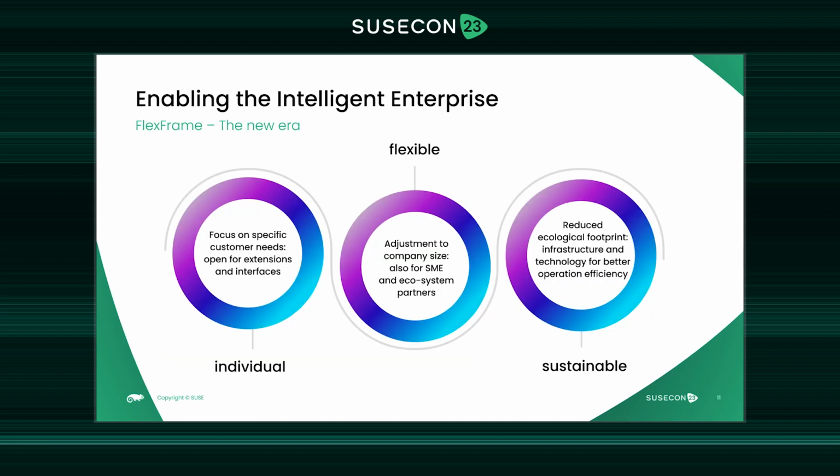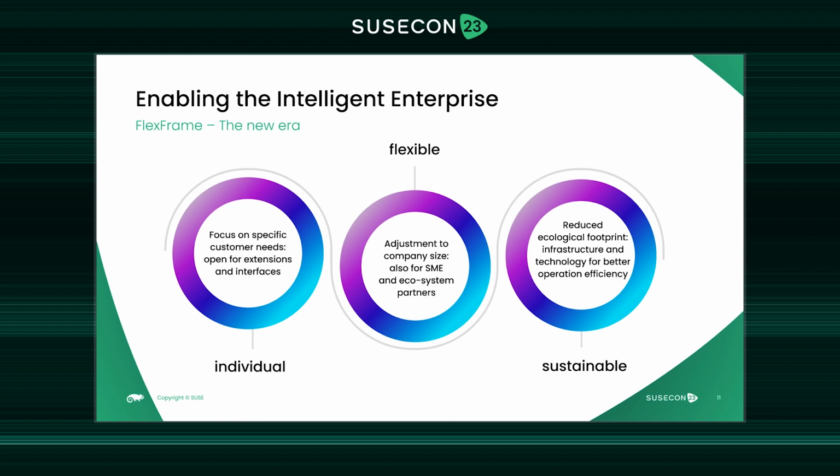So with the new FlexFrame platform, there are quite a few changes happening, and we want to go into these one by one, and we have actually split these into three major topics that we see are increasingly important to organizations.